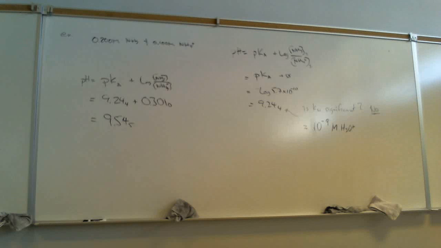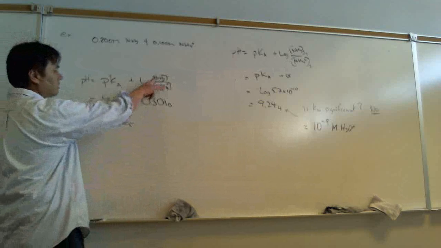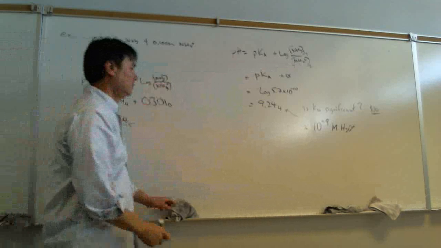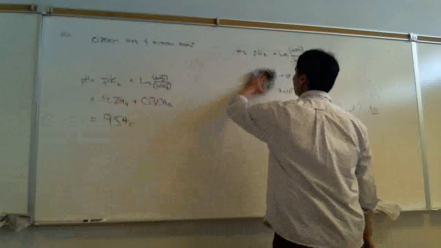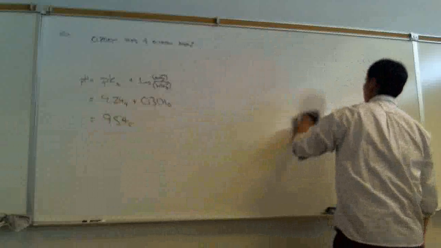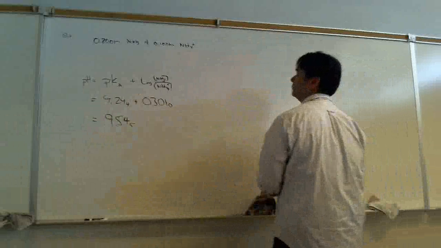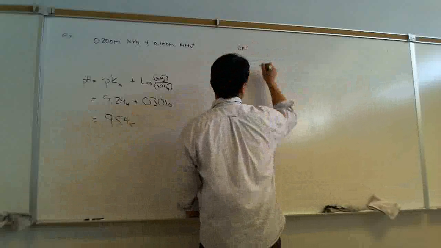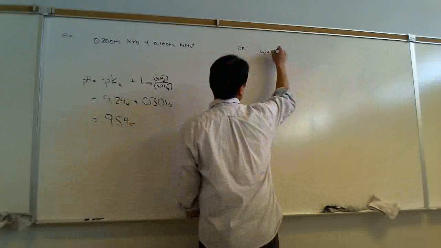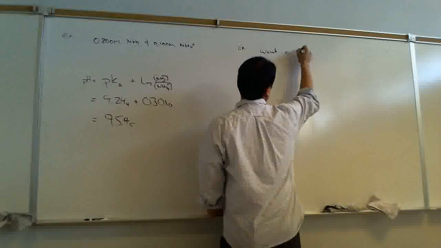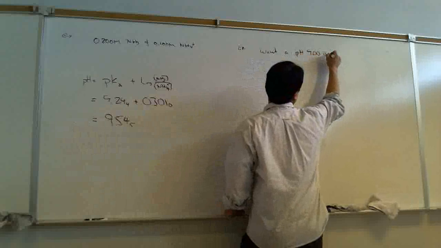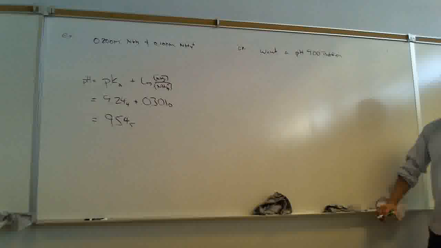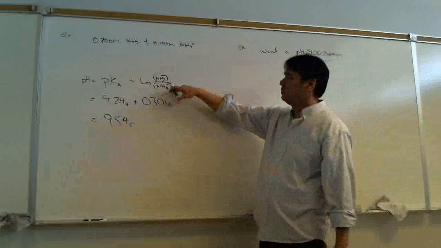And so what we can do by adjusting this ratio is we can adjust the pH up or down. And so this means that I can have a target pH, something I might want. Let's say I want a pH of 9.00. So we want a pH 9.00 buffer. All I have to do is just add a little bit more ammonium to this.